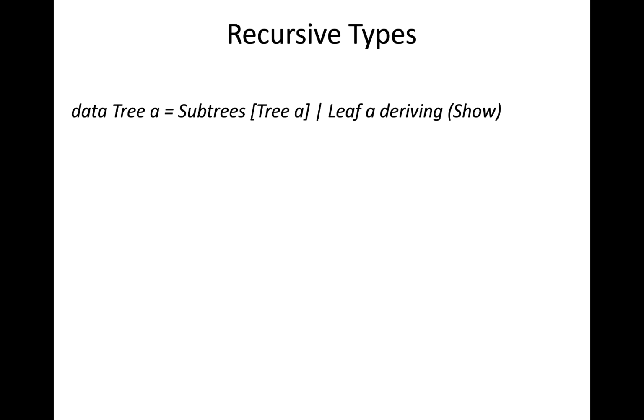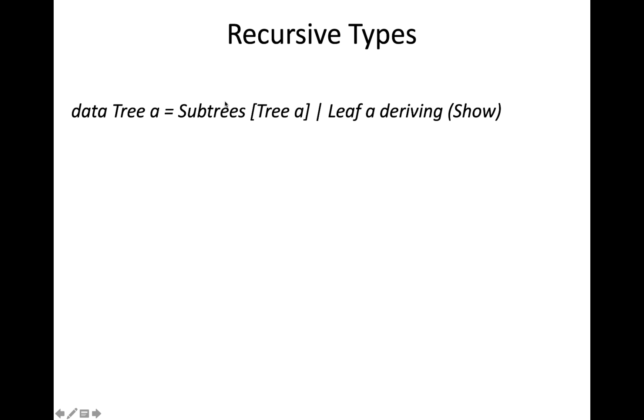And then what is the definition of that? The definition is that a tree can be subtrees, where each subtree is one tree. So this is a list of trees, and we are calling that list of trees subtrees.